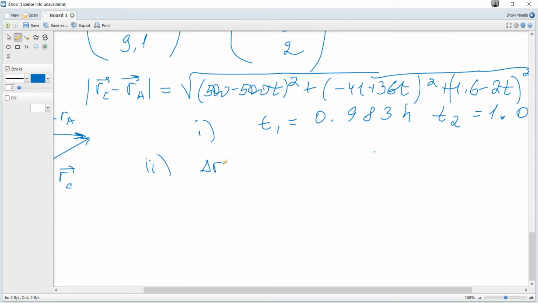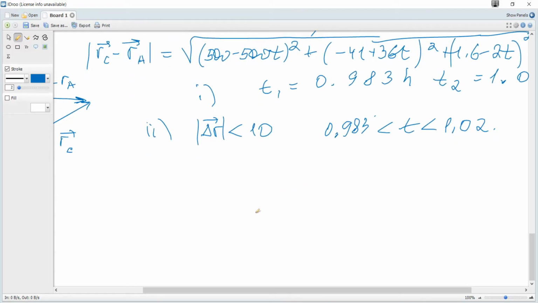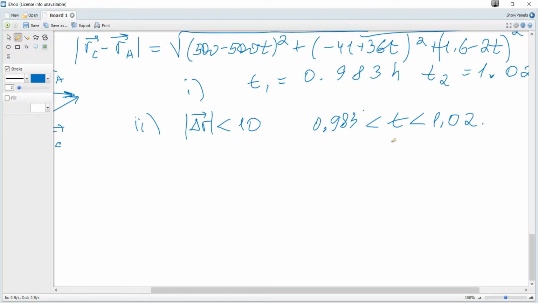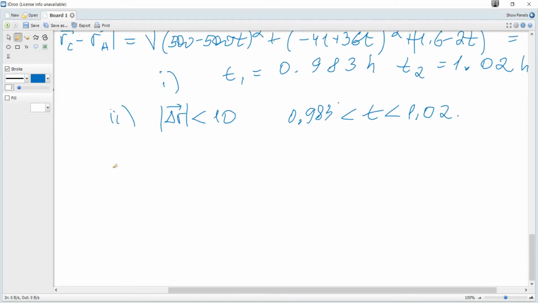The distance delta r is less than 10 kilometers when t is between 0.983 and 0.2, and we can just find the time interval or intervals when the distance in height is less than 300 meters.